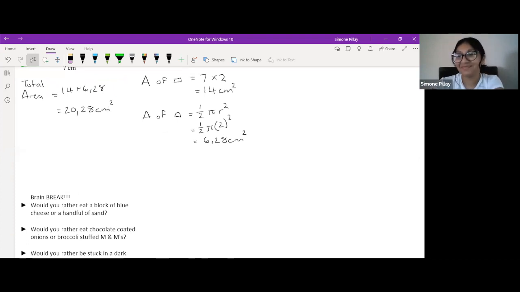Probably broccoli stuffed M&Ms, as much as I don't like broccoli, ma'am. Same, chocolate coated onions just sounds horrendous. Same. I agree. Even like an onion is huge. I couldn't even take one bite of it. I'd rather do the little M&Ms. Exactly, I agree with you, ma'am.